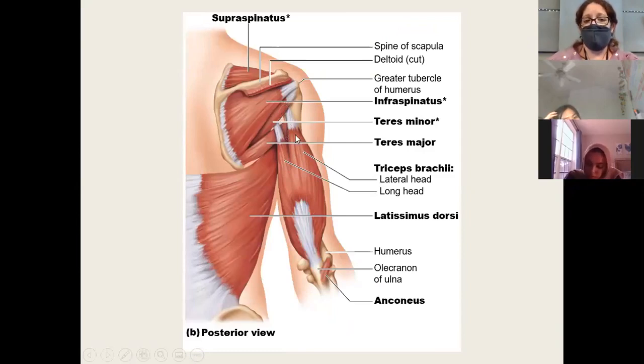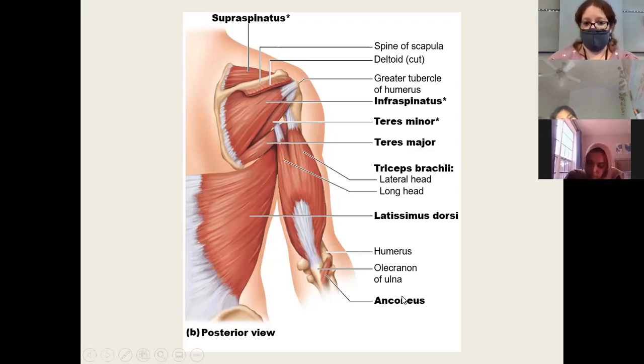Now look at the folding of how these muscles interact with each other. So the teres minor is superficial to the heads of the triceps, and the teres major is deep to the heads of the triceps there.